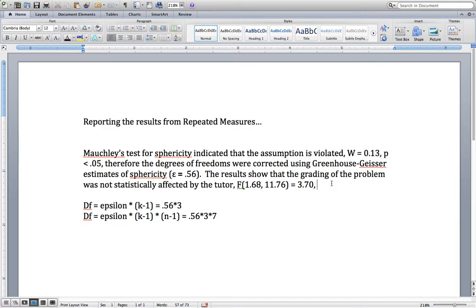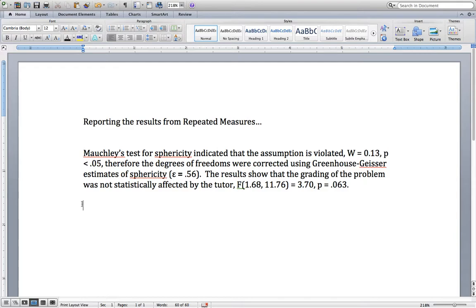And our p-value was equal to 0.063. Now, this value right here, the 3.70, isn't given to us in the output. But it's kind of like degrees of freedom.